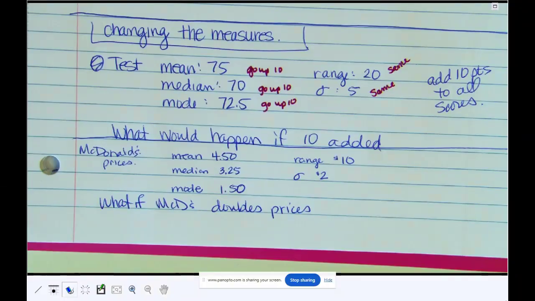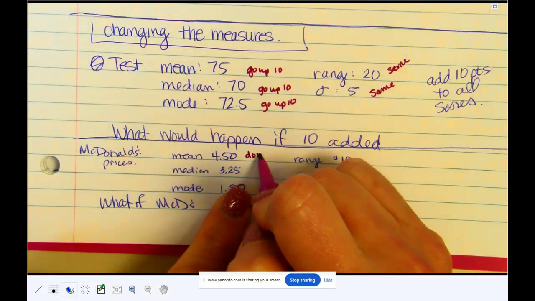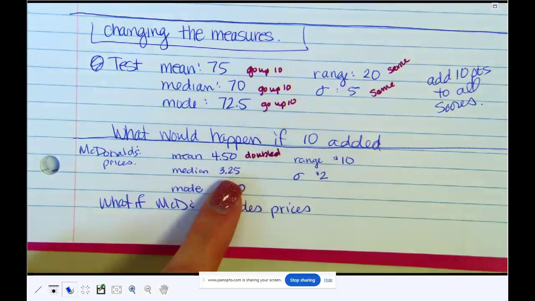Okay, they're going to double all their prices. What's going to happen to the mean? It's going to be times 2, doubled, because we're doubling every price. It's 9 actually. How about the median?